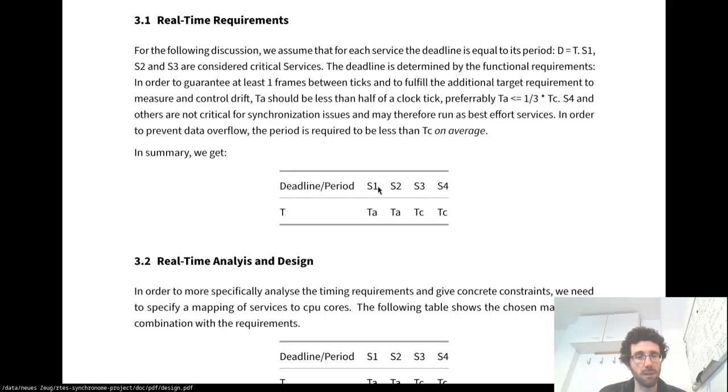For example, service 1 and 2 are successively, repeatedly executed at a frame acquisition interval. And in order for the frame selection to have enough options, the frame acquisition interval should be 1/3 of the tick interval of the external clock.